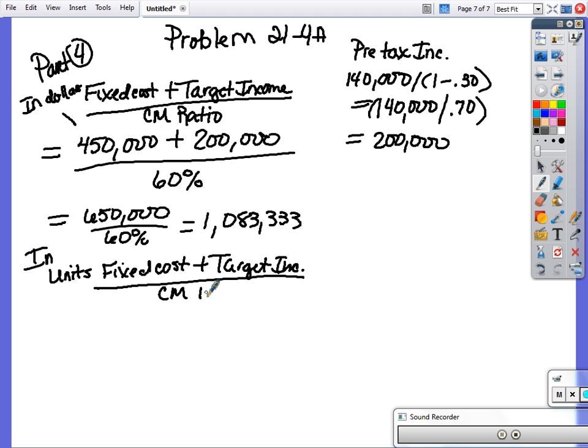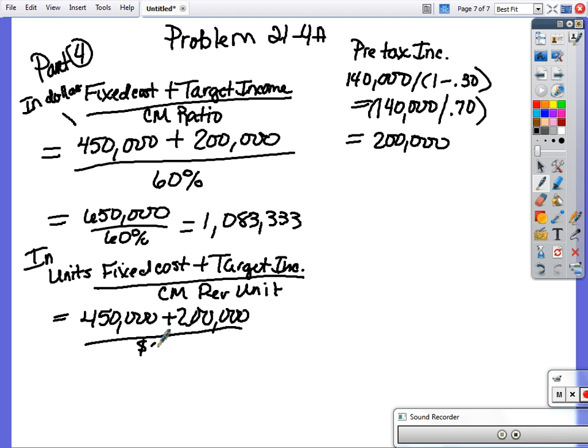In this case, what are the fixed costs? 450,000 plus 200,000, divided by 30, because our sale price is 50, and then the variable cost is 20, so 50 minus 20.